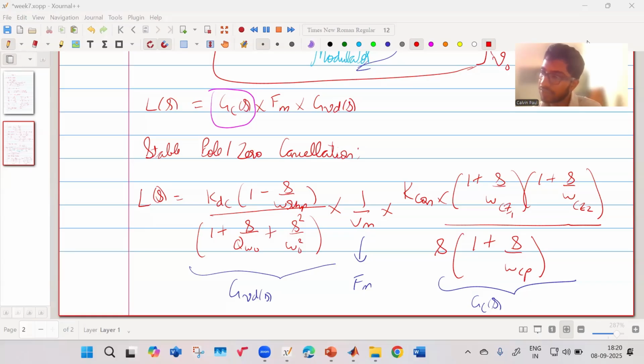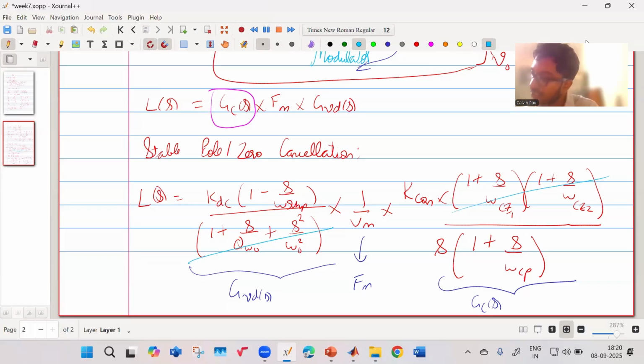So to make our life simple, what we do is we will design the controller. Assuming that we know very well what the parameters are, we design the controller such that this part and this part get cancelled. Okay, this is a very ideal case, but it's a good starting point.